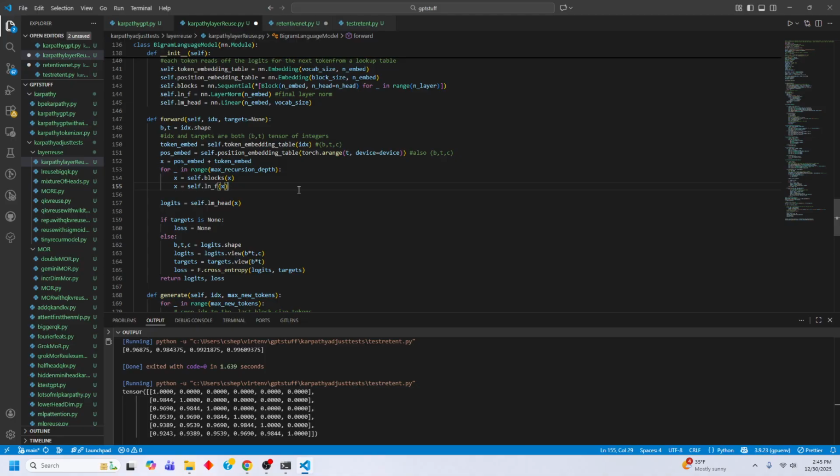The reason this one's good is parameter sharing. You save a bunch of parameters, a bunch of memory. So that's why that one's good.